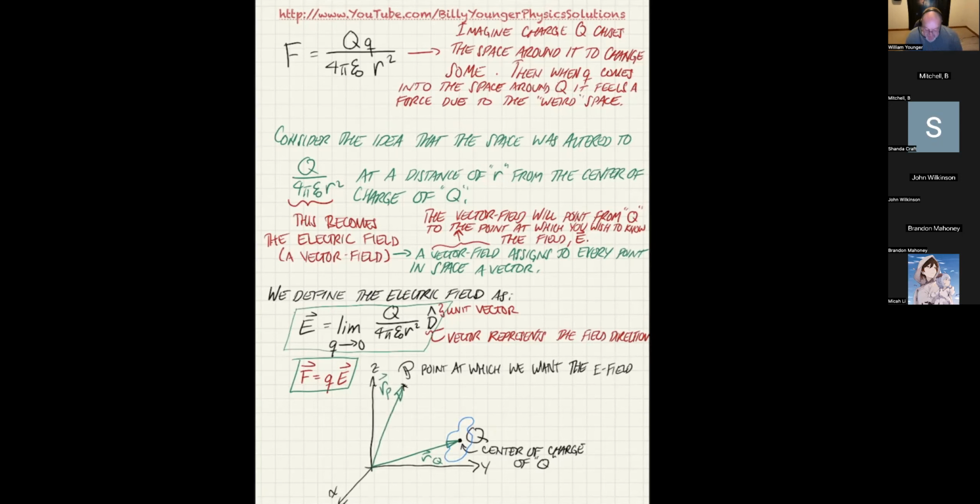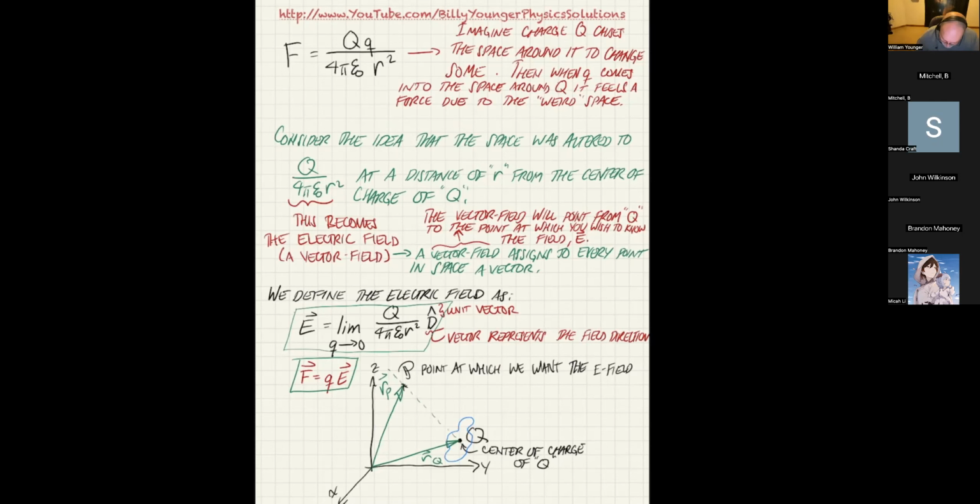Okay, now according to what I just told you, the electric field should point in the direction that a positive charge would want to go as a result of the charge Q. So I could draw, for instance, a little dotted line right along here, and Q could have a negative sign in it, but we treat it like a positive and everything will work out.